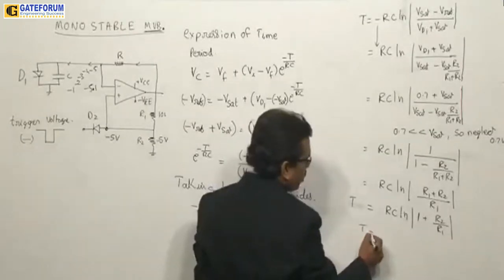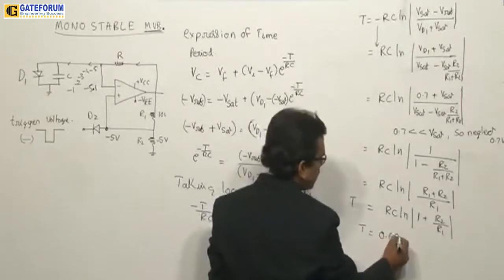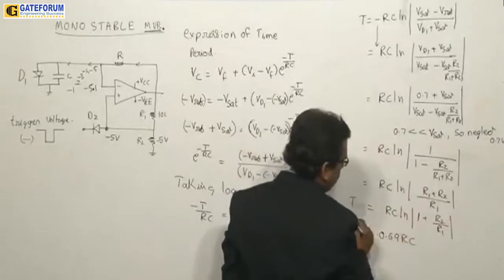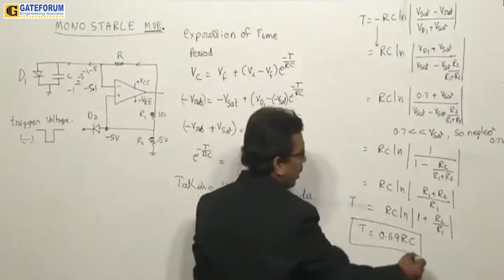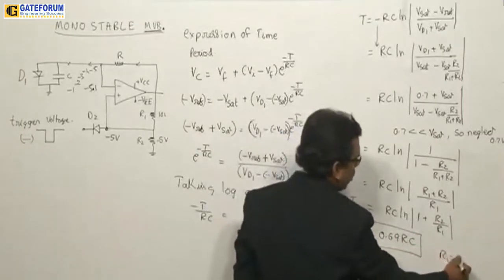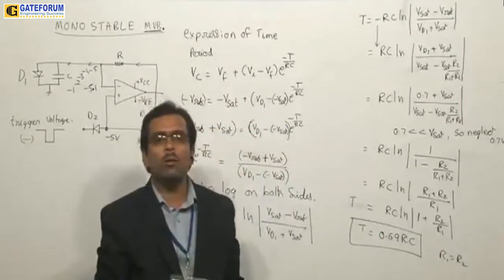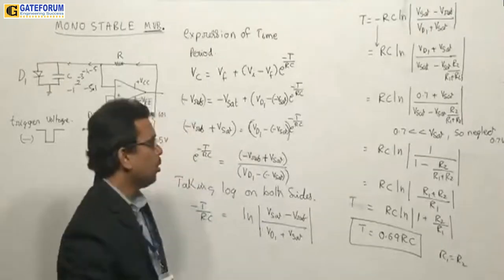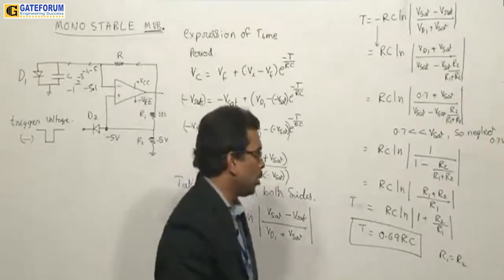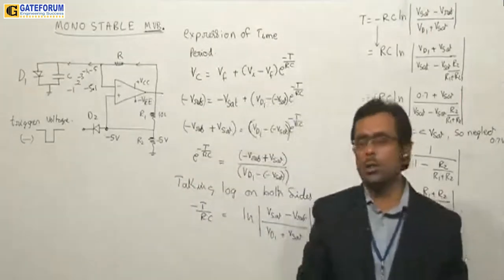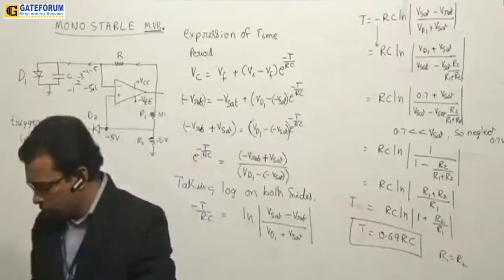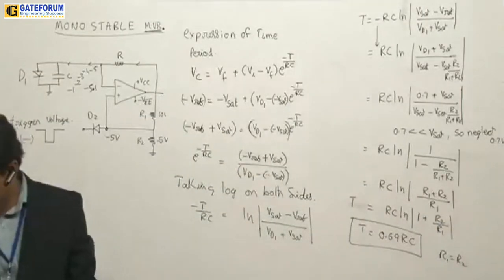You are supposed to get t is equal to 0.69 RC when you equate the values of R1 and R2, R1 equal to R2. So the time period of this pulse width will be t is equal to 0.69 RC. So this is the point which you are going to get.